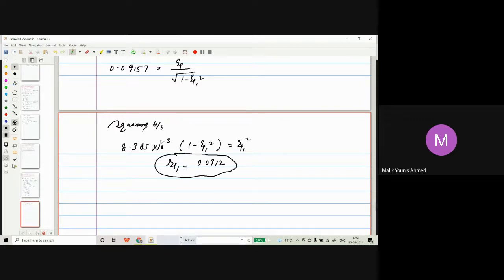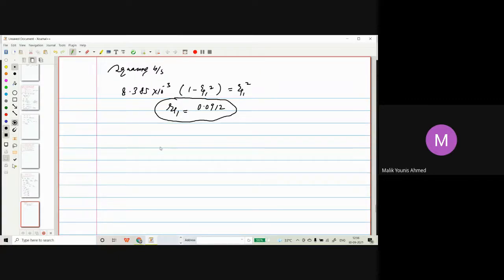Second, similarly, in the second case MP is given as 25%. You can take xi as xi2 and calculate the xi2 value on similar grounds.